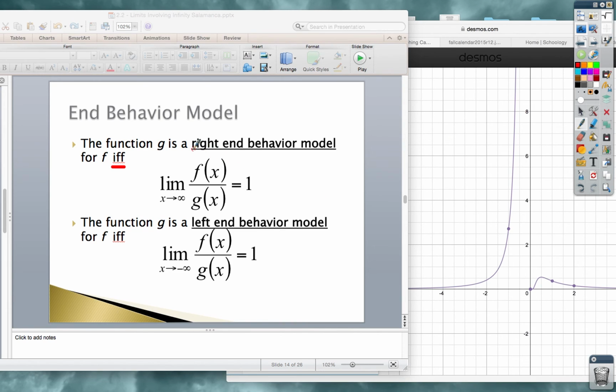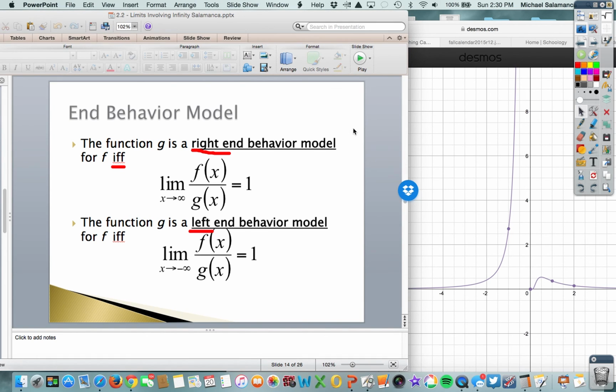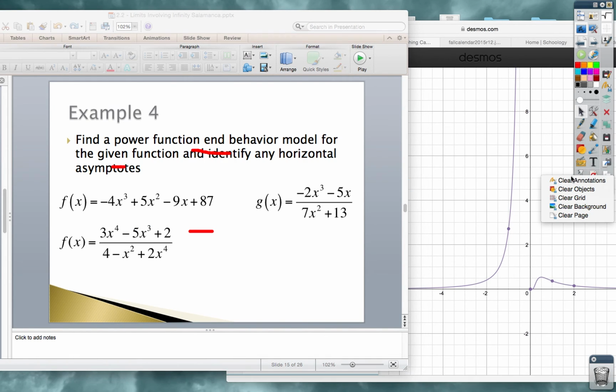So basically, we talked about what end behavior models look like. That's both sides. When we talk about right side, that's obviously for the right side, and left side is obviously for the left side. So let's take a look at a real example.